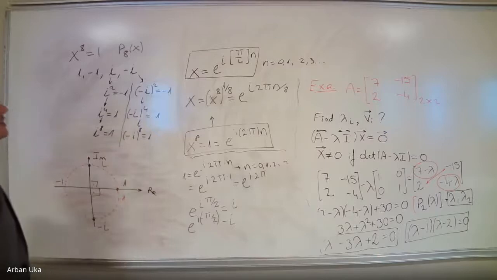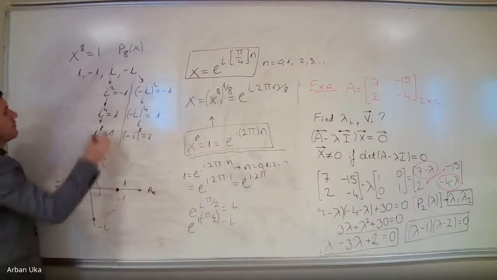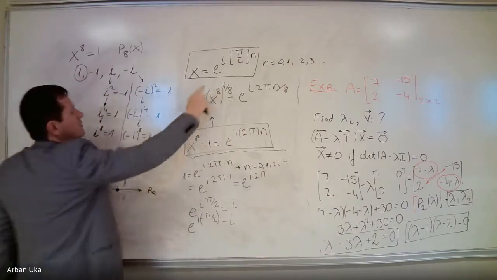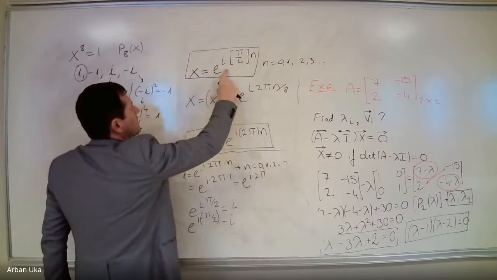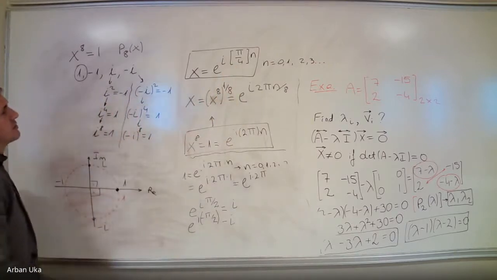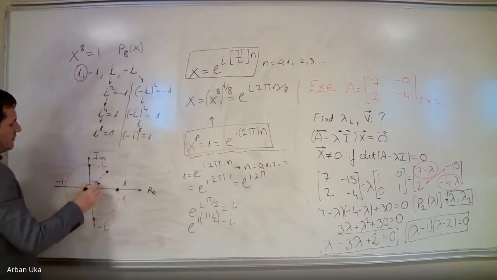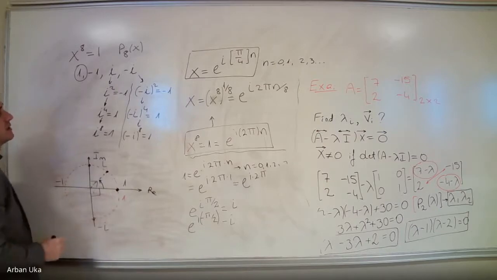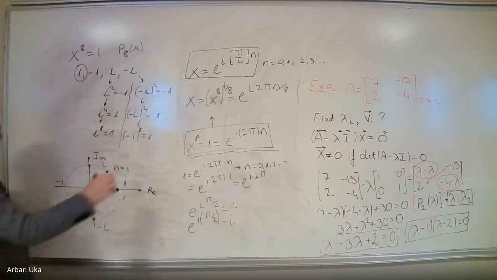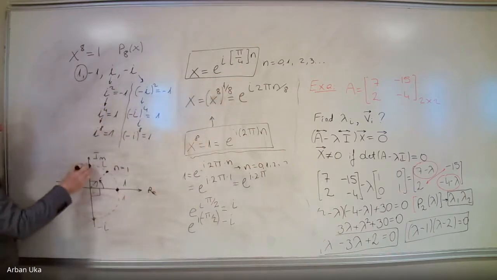So for n equal to 0, we get 1. We found the solution. That's good. For n equal to 1, this means that we are going to rotate in the complex number domain by an angle of 45 degrees, so we end up right here, okay? For n equal to 2, we rotate by 90 degrees, so we get here.